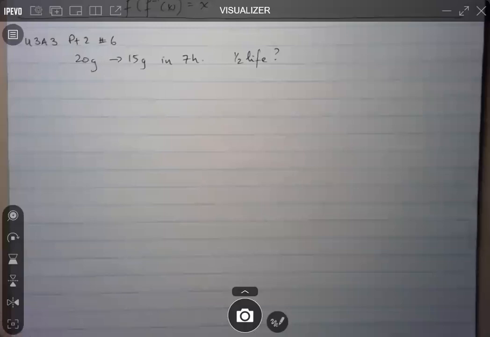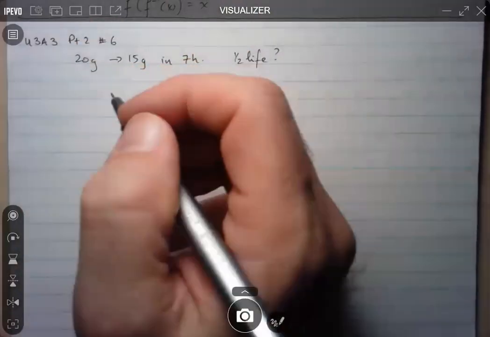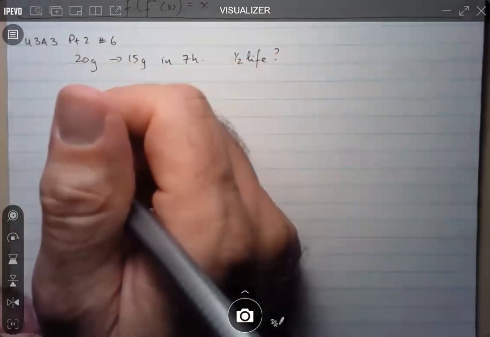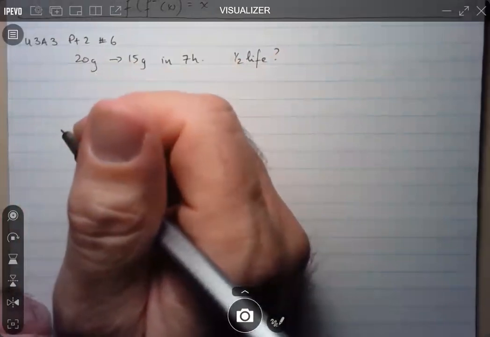This might look more complex to some people, but it's a way you can solve this problem in the most straightforward way. So let's recall what our exponential model looks like.